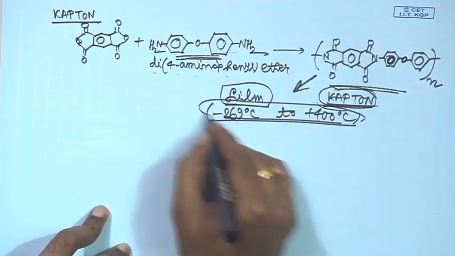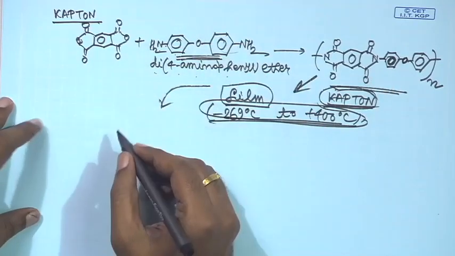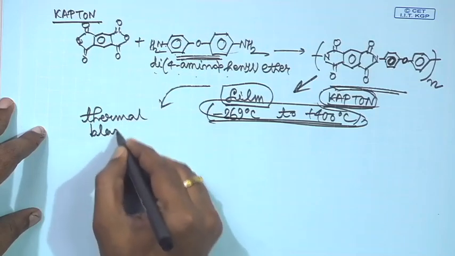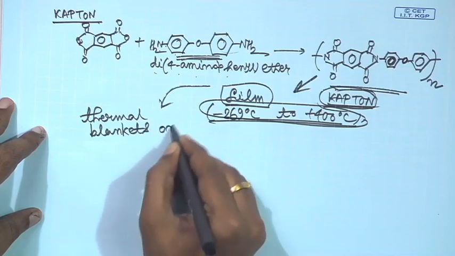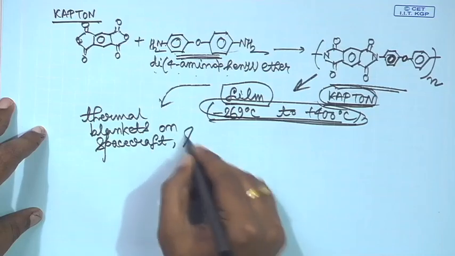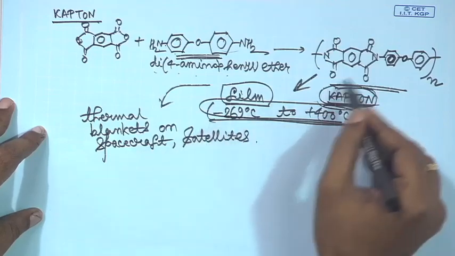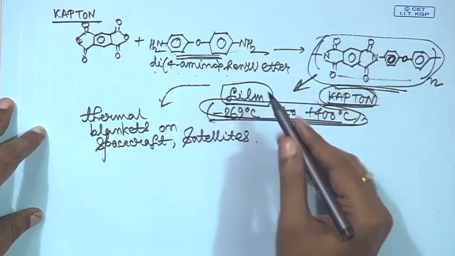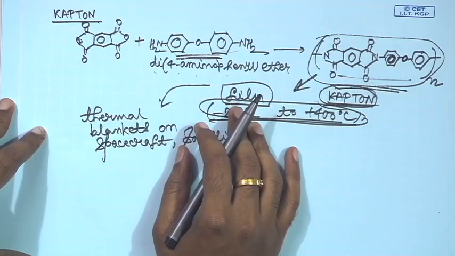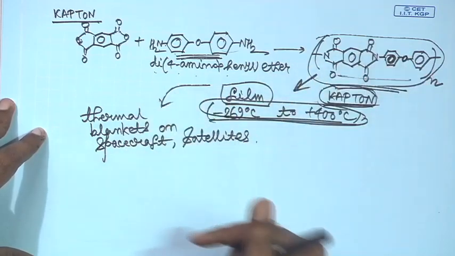And because of this kind of exceptional stability, this is especially used in some highly demanding applications, say for example, as thermal blankets on spacecrafts, satellites, etc. And they are very costly. In spite of their high price, because of their exceptional heat resistance and good properties at high temperature, we can use them in such demanding applications.